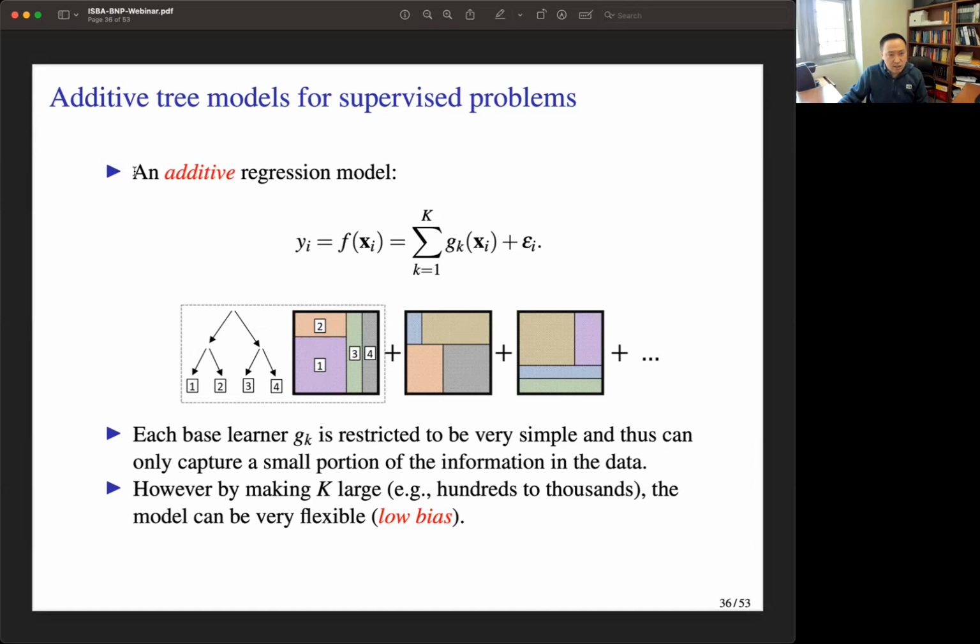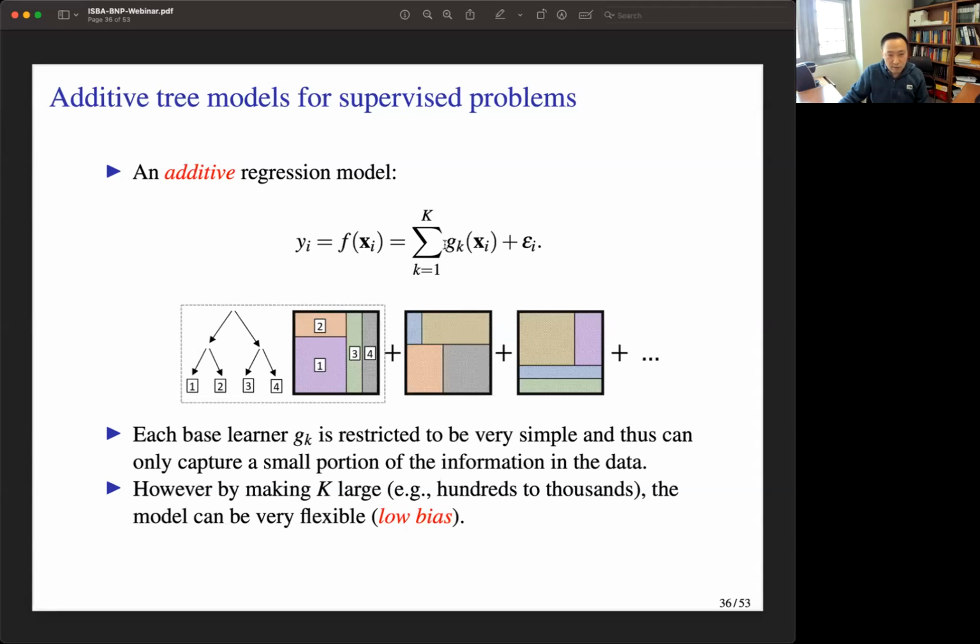So in the regression problem in the supervised setting, the model on which boosting and BART are based is this additive regression model, where the observation is coming from some... Oh, sorry, this is a typo. I'm not going to fix it, but this should also have an error term. But you have an additive mean structure coming from capital K piecewise constant functions.